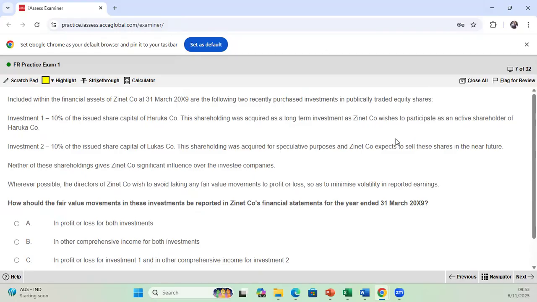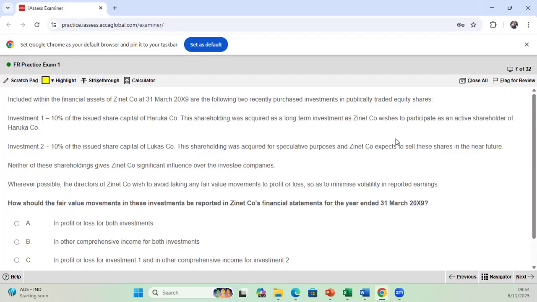So for investment one, the first one, as a long-term investment.